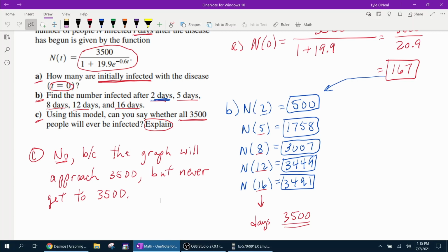I'm going to say the correct answer, either yes or no, is going to be based on your explanation. Yes, technically, everybody will probably get infected, right? Mathematically, no. The value of 3,500 can never be achieved because that's a horizontal asymptote.